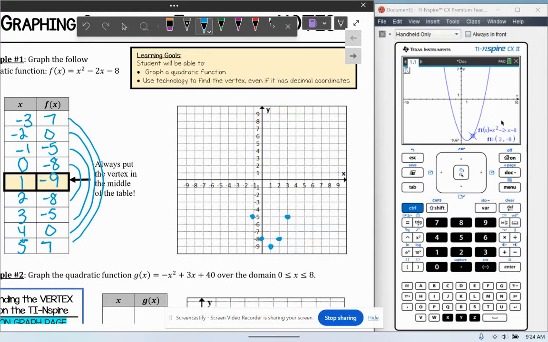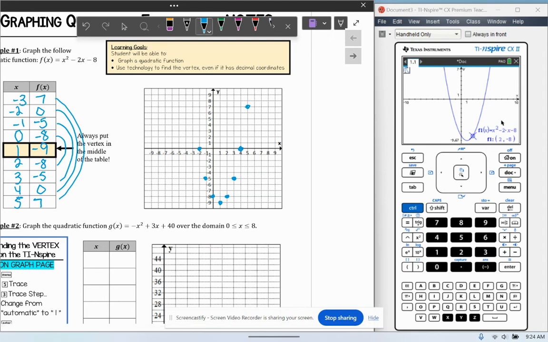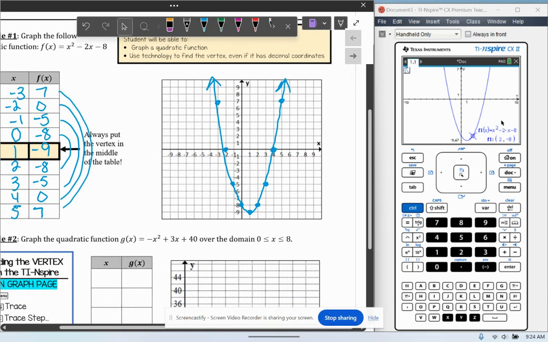So we are going to look for (-2, 0), and (4, 0), and (5, 7), and also (-3, 7). We're going to connect our parabola to extend over the whole graph, making a nice pretty U, and we will put arrows on the ends because it didn't tell us to restrict any domains, it just said to graph it. So arrows on the ends, and we will label it f of x.